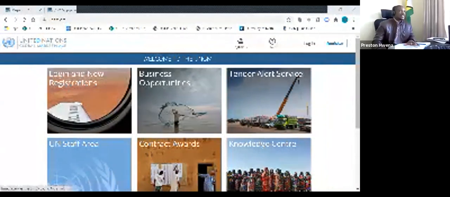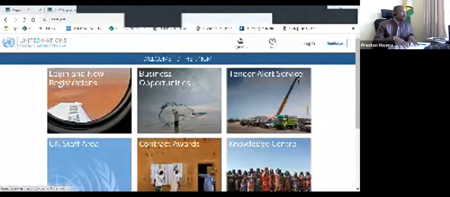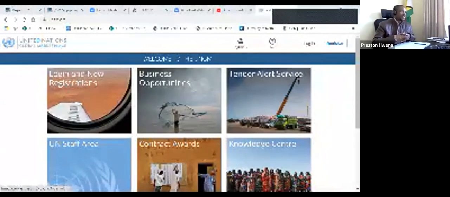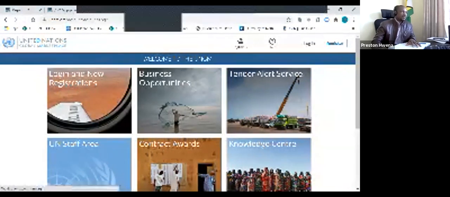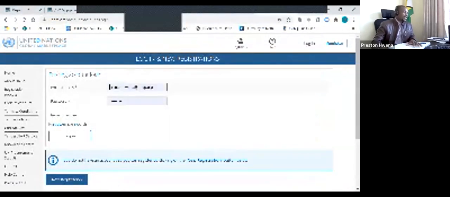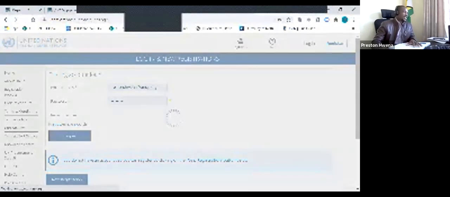When you register as a bidder, you pick all the categories that you think you fit, and registration is for free. Once you are registered on this website, you'll be able to see notices from other UN entities. For example, I'm logging in here with my credentials.